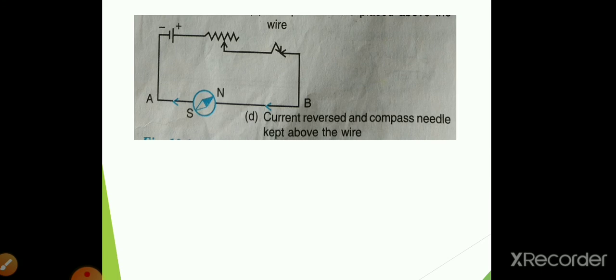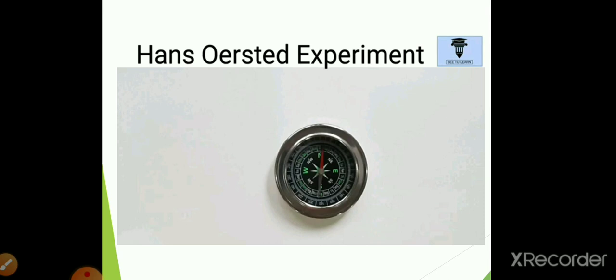Okay, strength of the magnetic field depends on magnitude of electric current, and direction of magnetic field depends on the direction of electric current. So this is the conclusion of Oersted's experiment. So now, to understand this experiment clearly, just observe this video, okay?